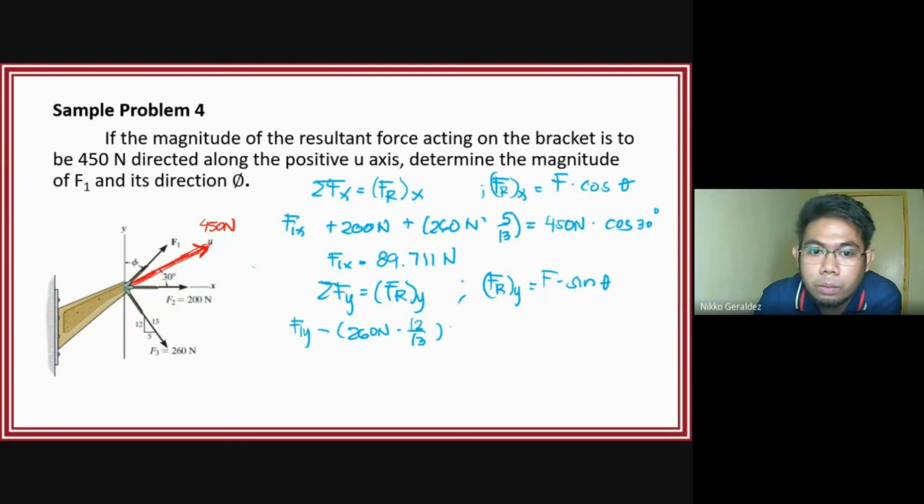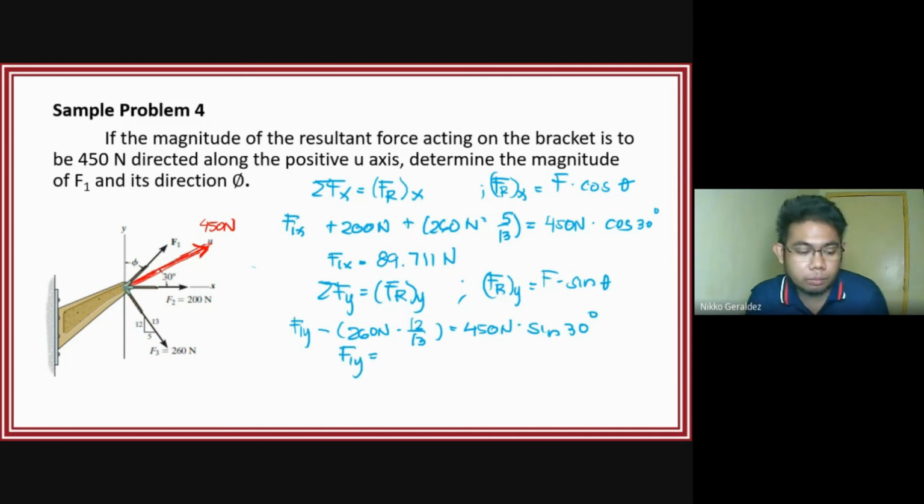So equal to, y component of the resultant force, so that is 450 newtons times sine 30 degrees. So what is F1y? Ano po? So that is equal to 465 newtons. So positive. So nasa quadrant 1 din yung F1.